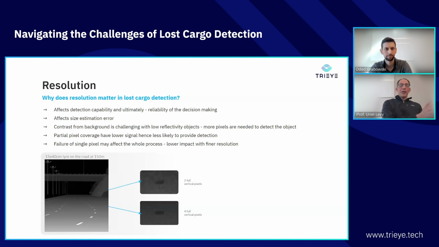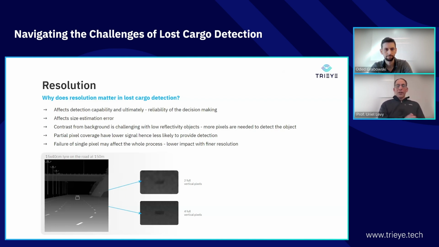That's what I mean when I say partial pixel coverage. And this is an issue. Typically, when we have partial pixel coverage, we have lower signal, and therefore, there's less likelihood to provide detection. And finally, failure of a single pixel may affect the whole process. And obviously, the more pixels we have, the less of an issue is the failure of a single pixel.